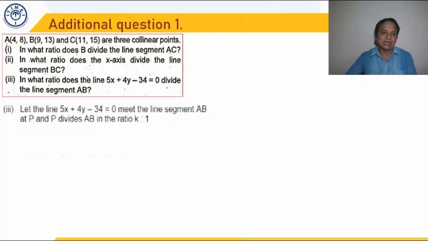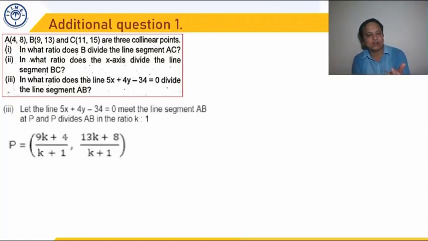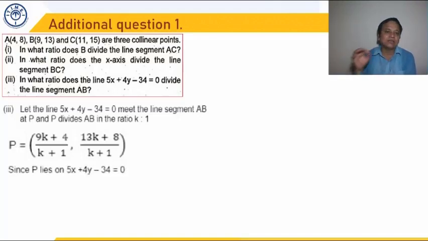It comes out to be 9k plus 4 upon the sum of the ratio as the x coordinate of the point, 13k plus 8 upon the sum of the ratio as the y coordinate of the point. Now since this line divides the join of AB in the ratio k is to 1, we can say this point will lie on this line. That means this point will satisfy the equation of this line.